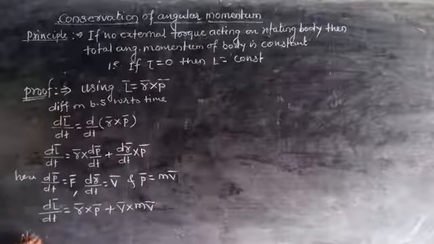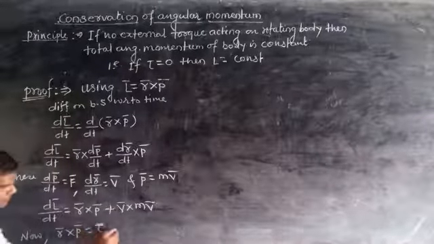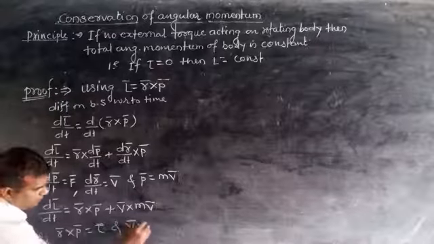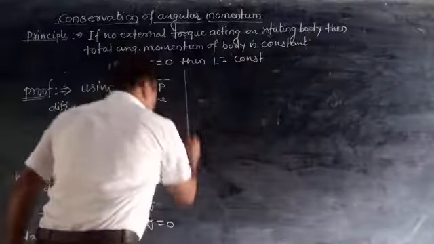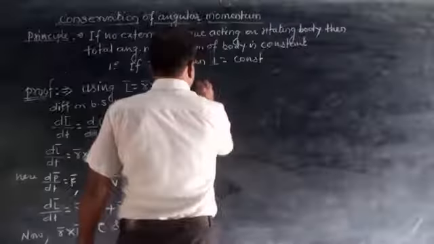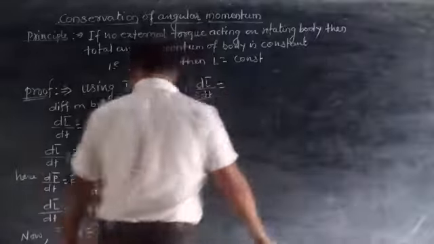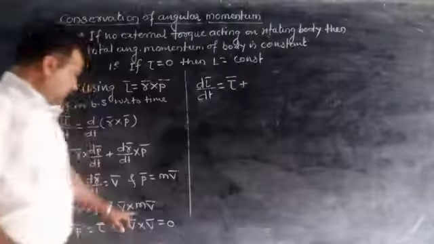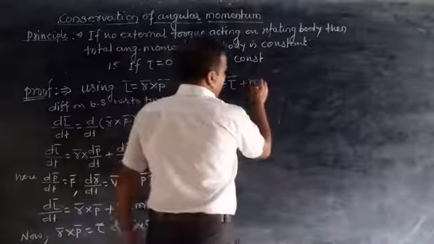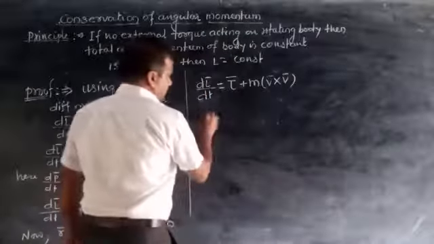Now using r bar cross F bar is equal to tau bar and v bar cross v bar equal to 0, this can be written as dL bar by dt is equal to tau bar plus m, which is a scalar quantity and is taken out, v bar cross v bar.